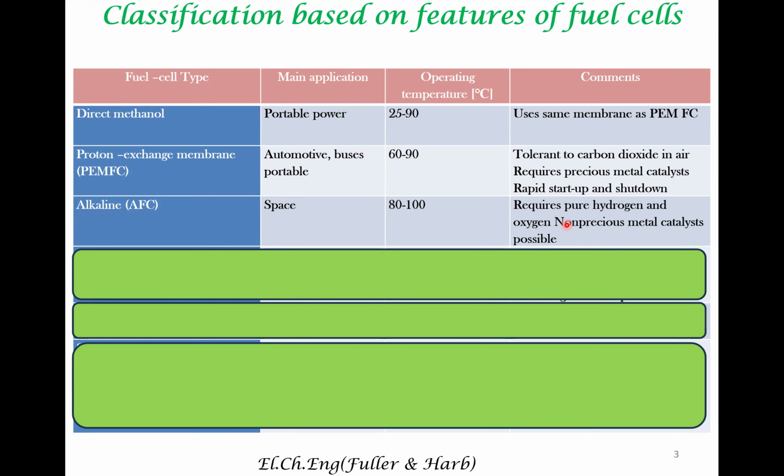As soon as you have an acidic medium, the problems of corrosion become fairly challenging. So to resist corrosion, you may end up using noble metal catalyst. In an alkaline fuel cell, you may have the option of using non-noble metal electrocatalyst.